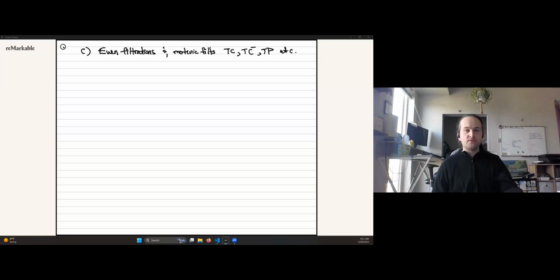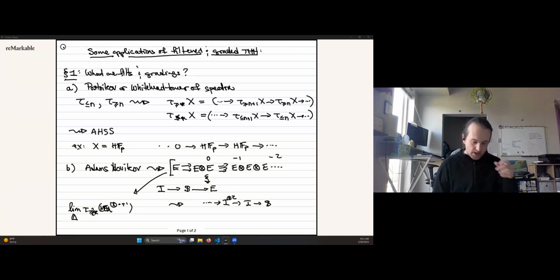Okay, so all of these. So what is the point? What is the reason that we think about these kinds of filtrations? The reason is that if we just think, for instance, about the Whitehead tower, this is basically some kind of way to interpolate going from purely algebraic information and algebraic structure to something about spectra.